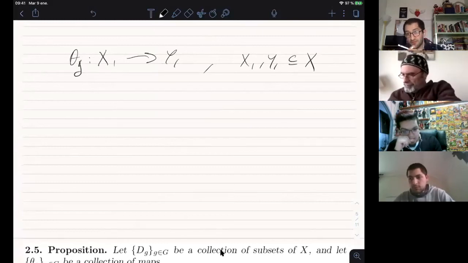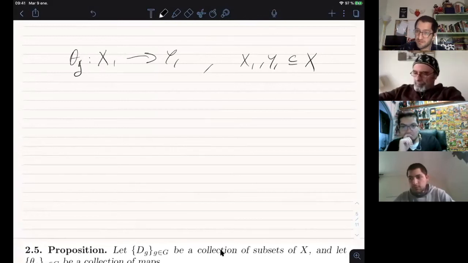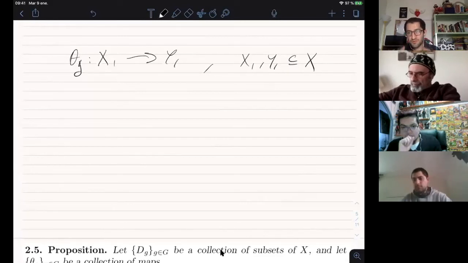If we define this as partial actions, if we want to have an equivalent definition as the first one, we're going to need to give more properties. It's not that easy to define this. We need to be more specific.